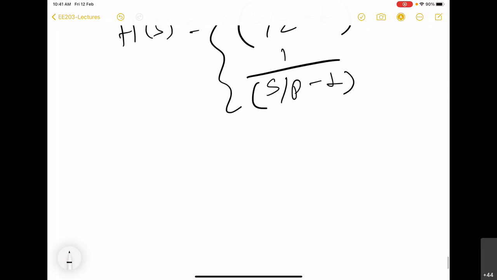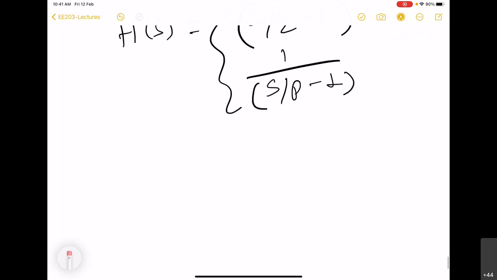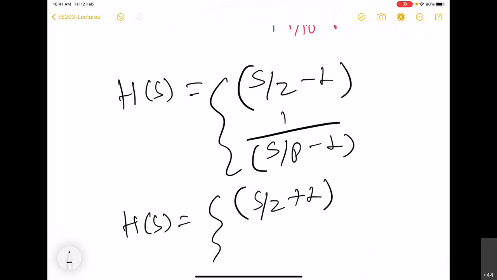But it might so happen that we have a plus sign here. For example, we can have a transfer function like this, s by z plus 1. So after factorization, you might get a positive sign here. So this type of factor also might occur.